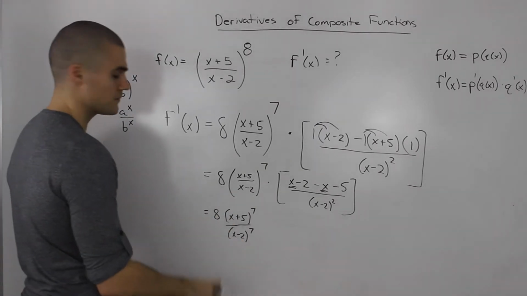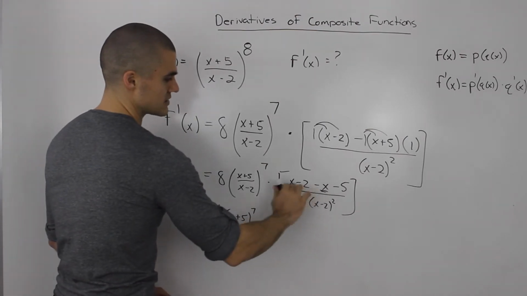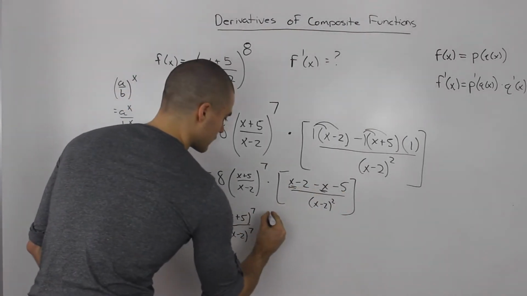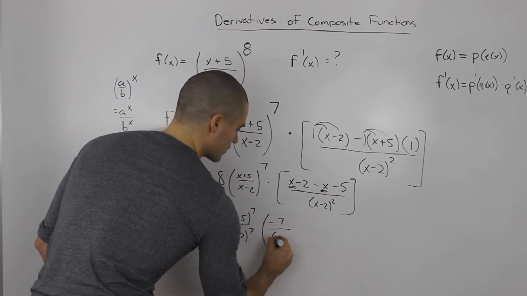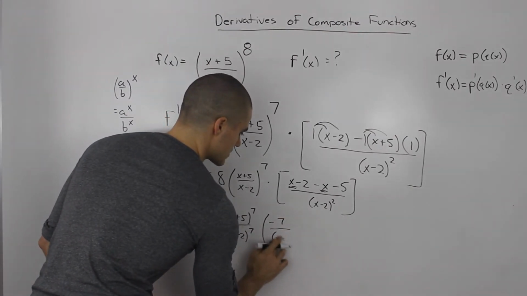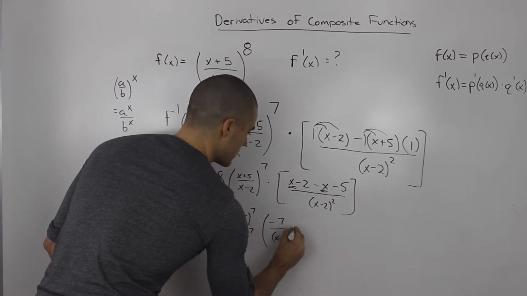So I just split them up here. You'll see why I did that in a second. So the x's here cancel out, negative 2 minus 5 just ends up being negative 7 over (x - 2) squared.